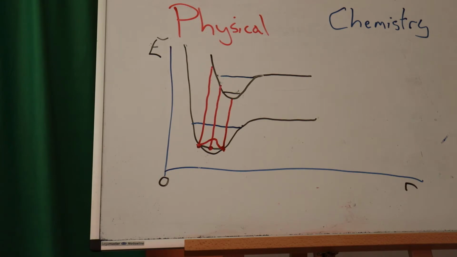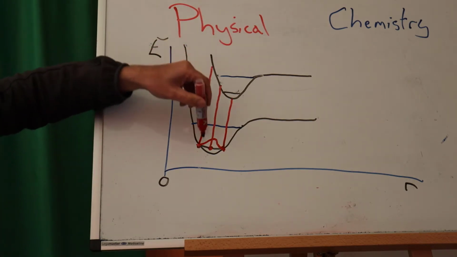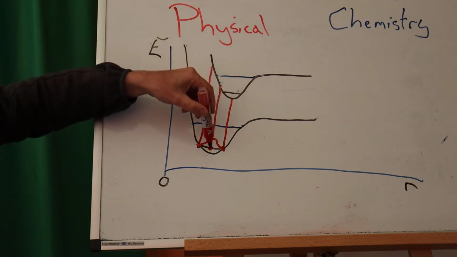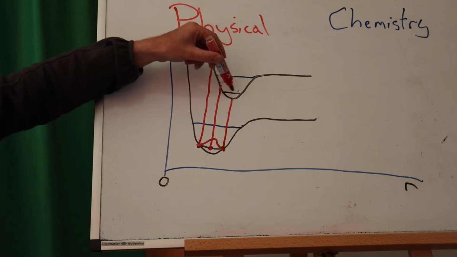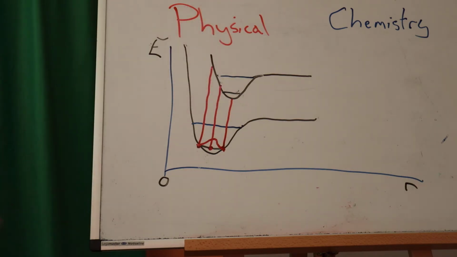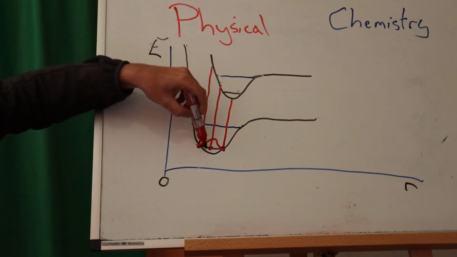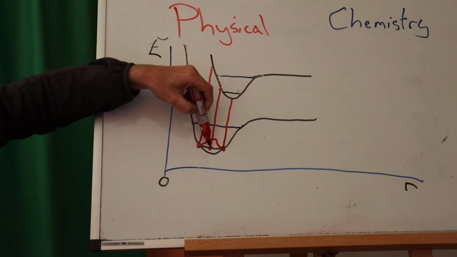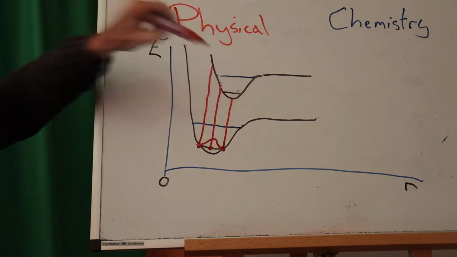So the probability of finding it in the middle is way higher than the probability of finding it at either end. So if we excite this molecule from here, we can't get into this ground state, because the two atoms are not in that position. Effectively, this bond is shorter up here than it ever is in the excited state.